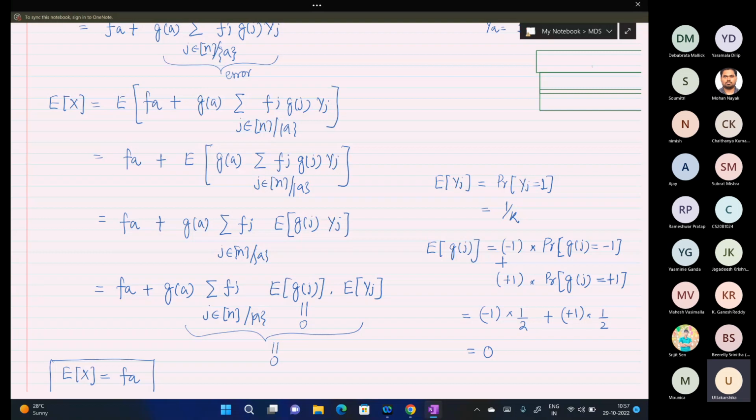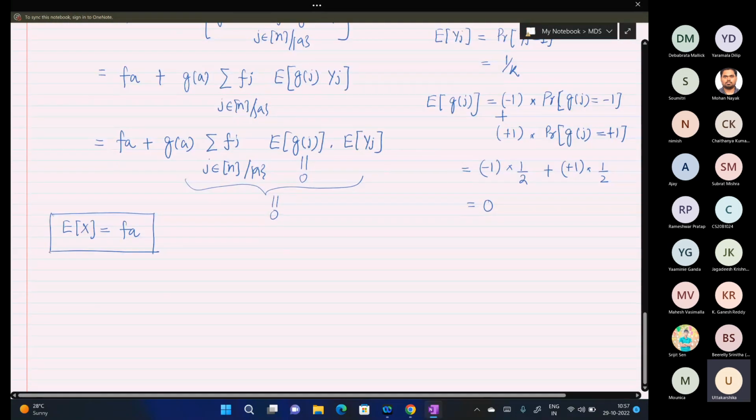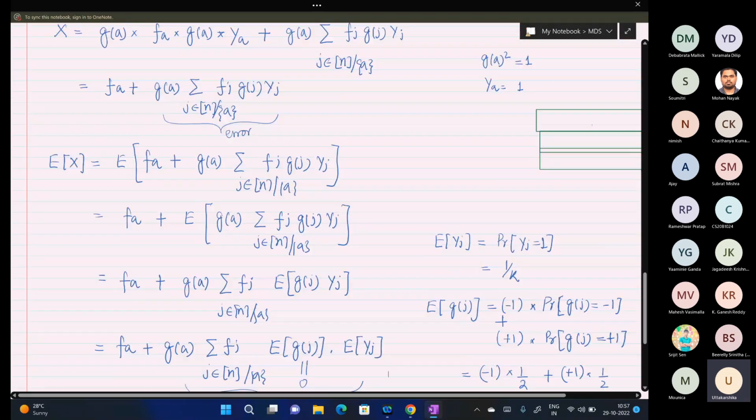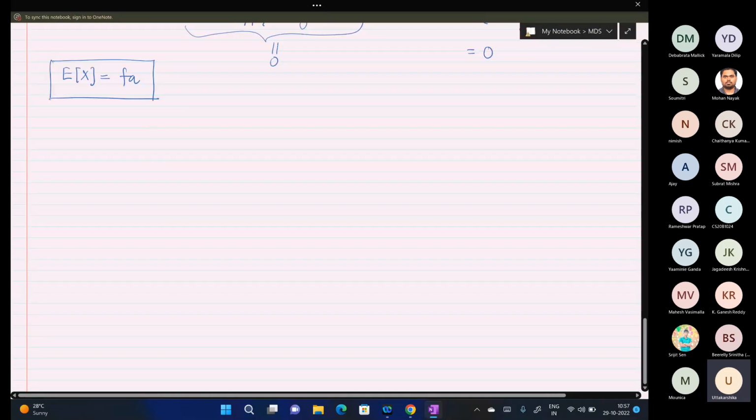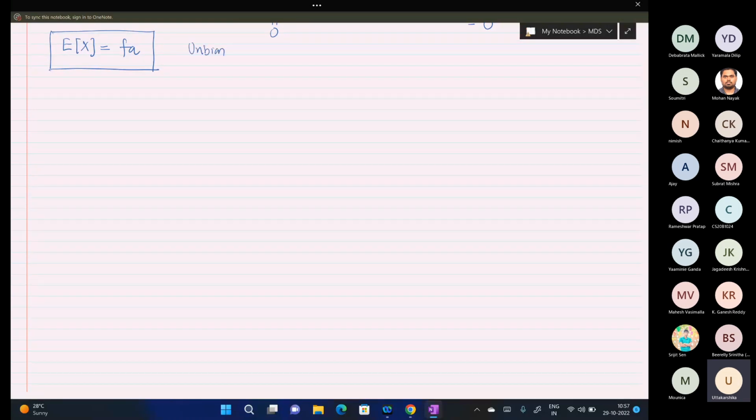Okay. So now we'll try to calculate the variance of this random variable X. This is an unbiased estimator.